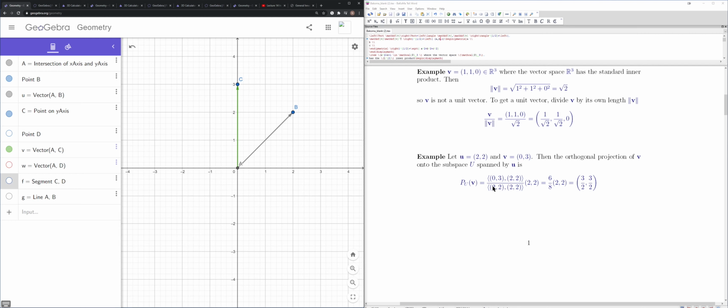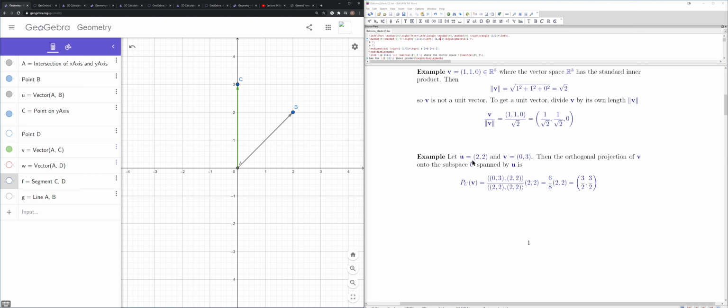Then down here, I'm taking the inner product of u with itself. So it's 2 times 2, which is 4, and 2 times 2, which is 4, and 4 plus 4 is 8. So this ratio of the inner products gives me 6 on 8. Then I multiply this scalar against the vector (2, 2).